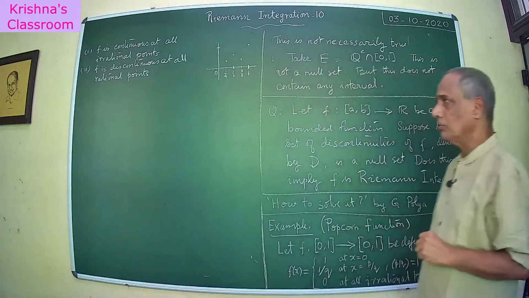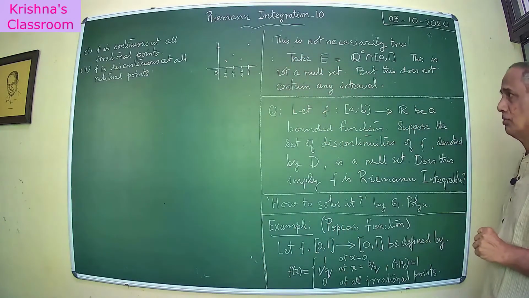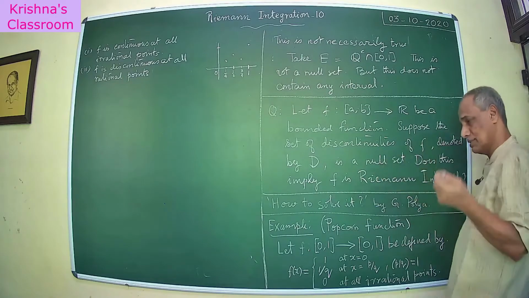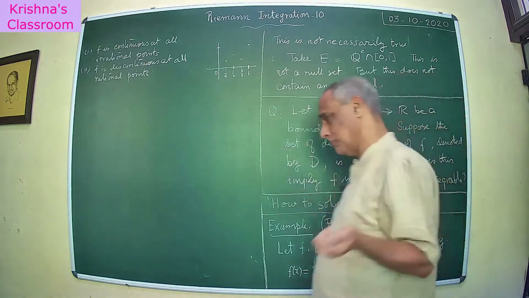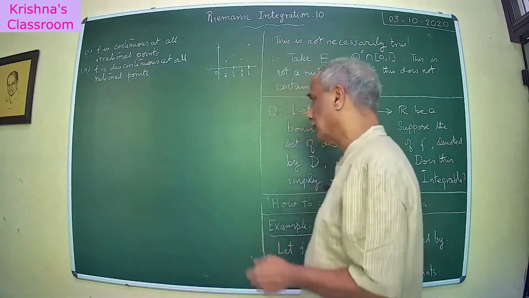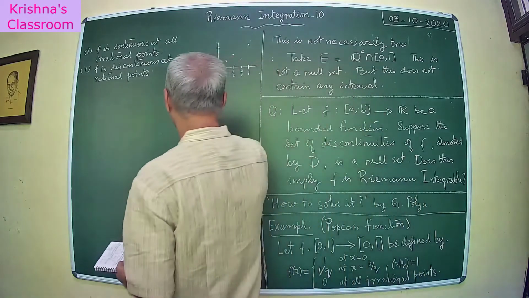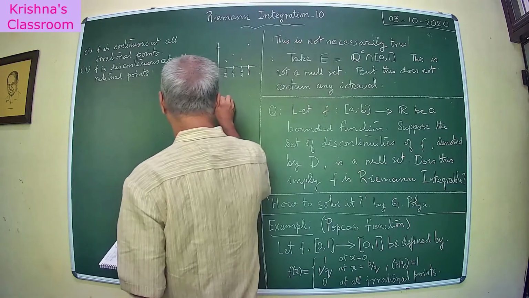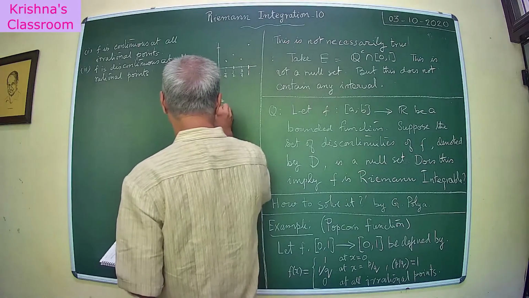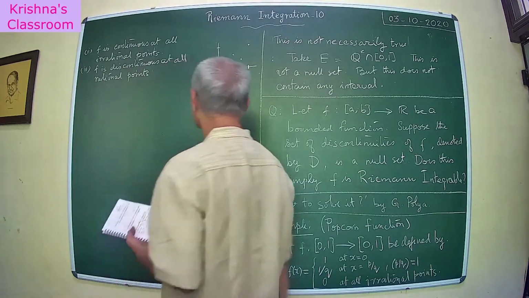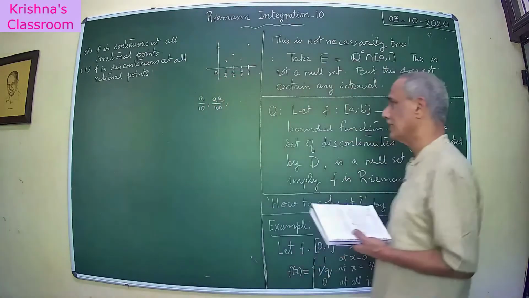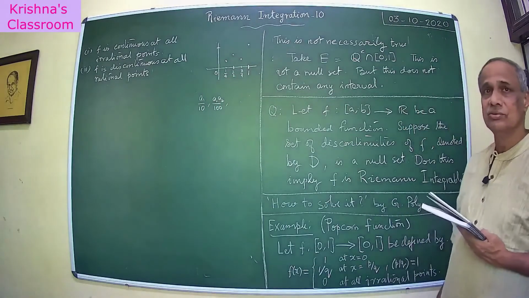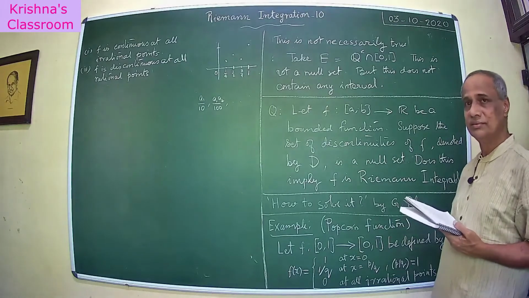So you can actually get a sequence of rational points, something of the form a1 by 10, a1 a2 by 100, etc., which in turn converges to 0.